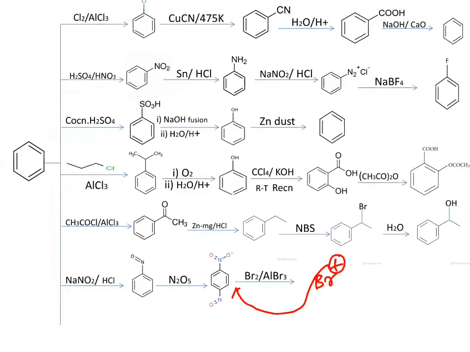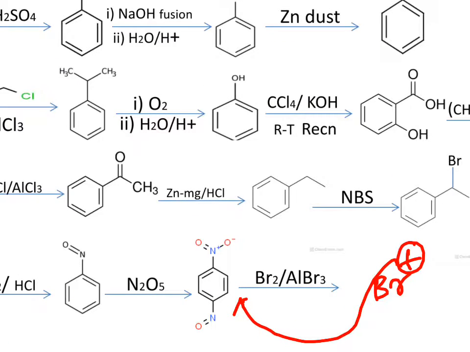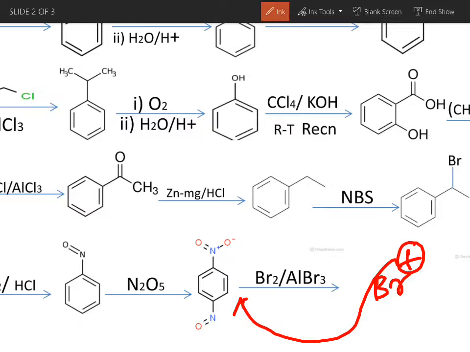If you see again, NO in this case is acting as ortho and para directing, whereas we know that NO2 is meta directing since it is acting as an electron withdrawing group. So the incoming electrophile, Br plus, according to NO will attach to the ortho position because para is already occupied by NO2.